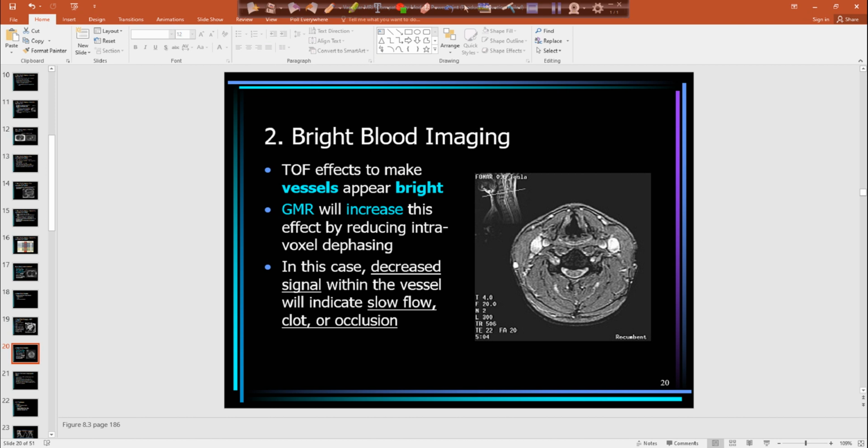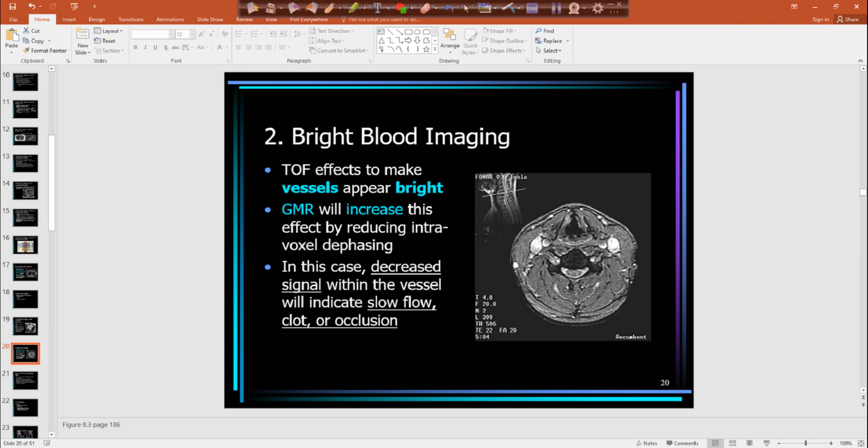So in this case, if you have a decrease in signal within this carotid artery here, that will indicate slow blood flow, a clot, or occlusion. So if you see a bright blood flow sequence, but then you see a little dot of black, that can indicate these things.